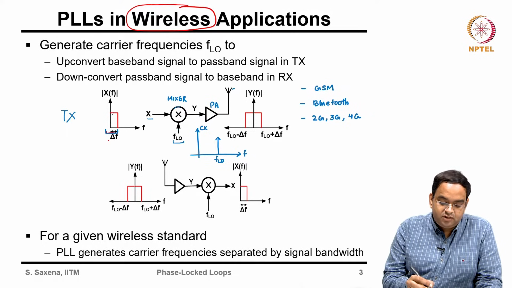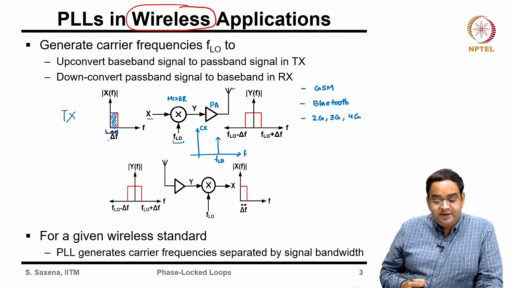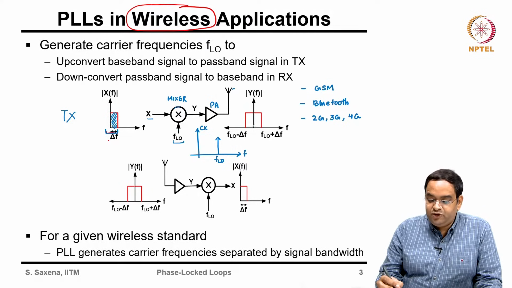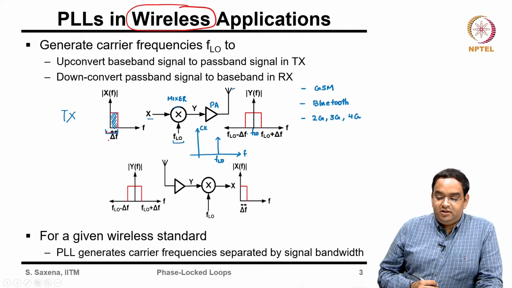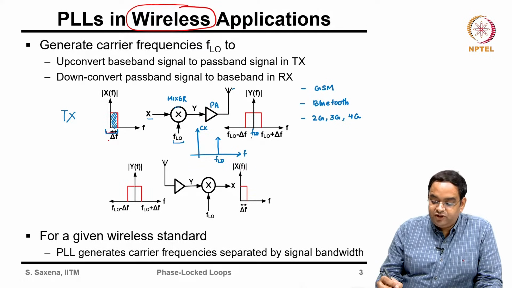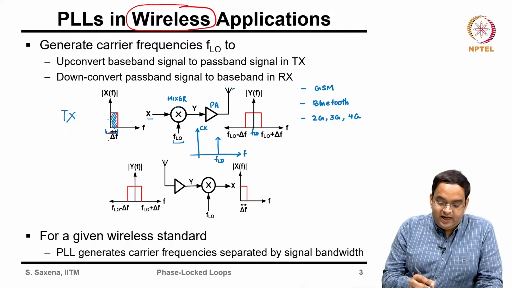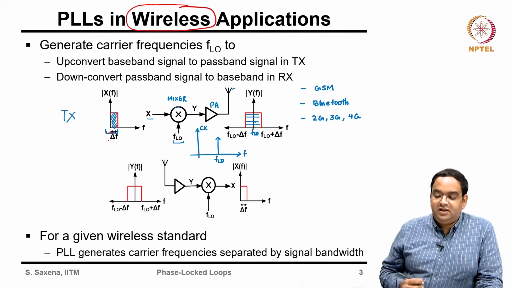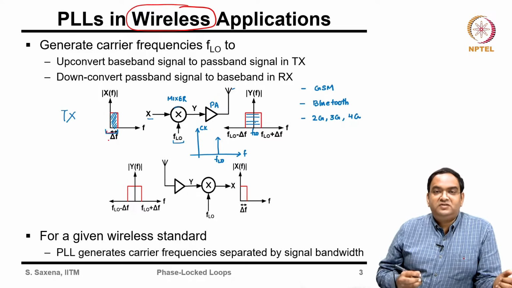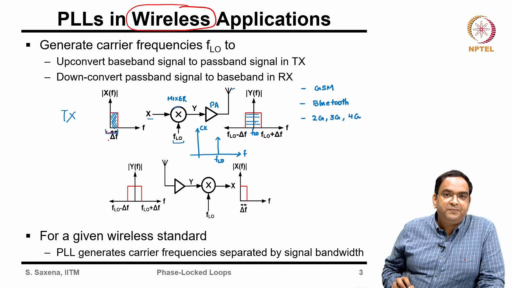This is where your data bits will be packed using some modulation scheme, and this is going to be converted to the pass band, whatever is your LO frequency you have, and your baseband signal will be around the LO frequency and it becomes pass band.